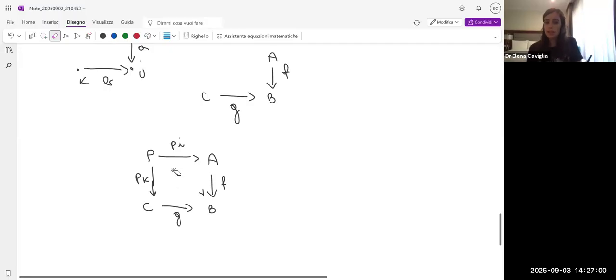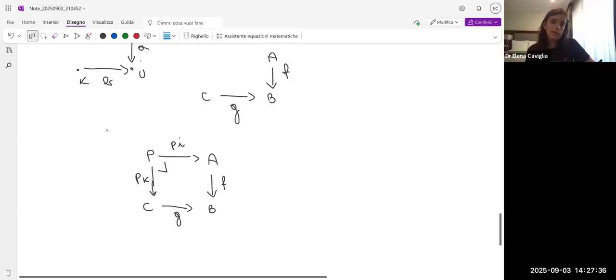But we will see that this is not always the case in two-dimensional categories, so we might need to remember these diagonal arrows. But for one-dimensional categories, this arrow from P to B, we can forget about. So now the pullback is simply P with p_I and p_K, and we want this square to commute because we want both these two composites to be equal to the p_J that we are forgetting about.